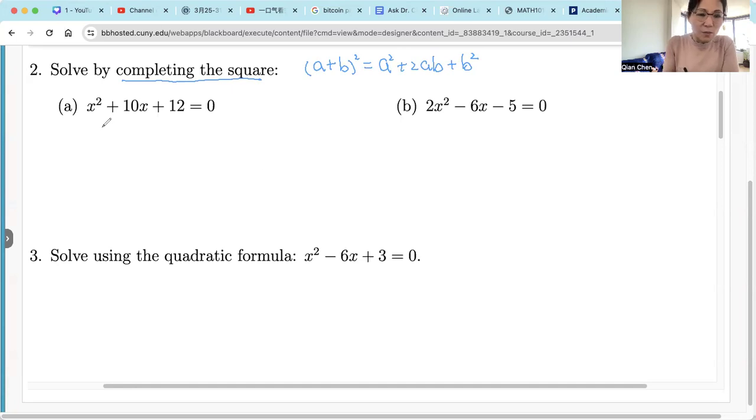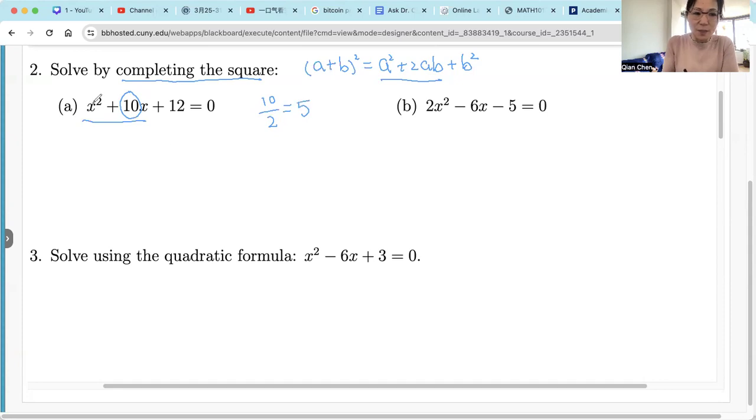So when we're completing squares, we only take these 2 terms into account. So we take the number before x, which is 10, we divide by 2. And we figure out B is 5.